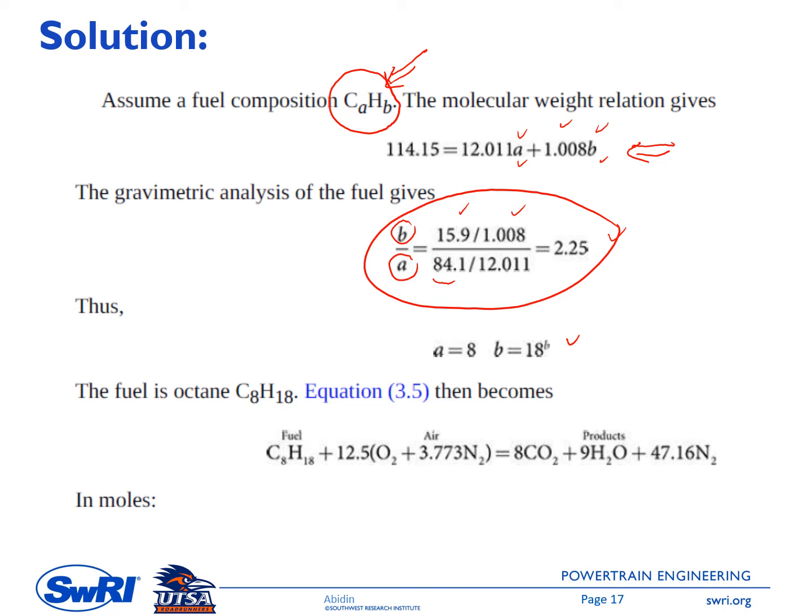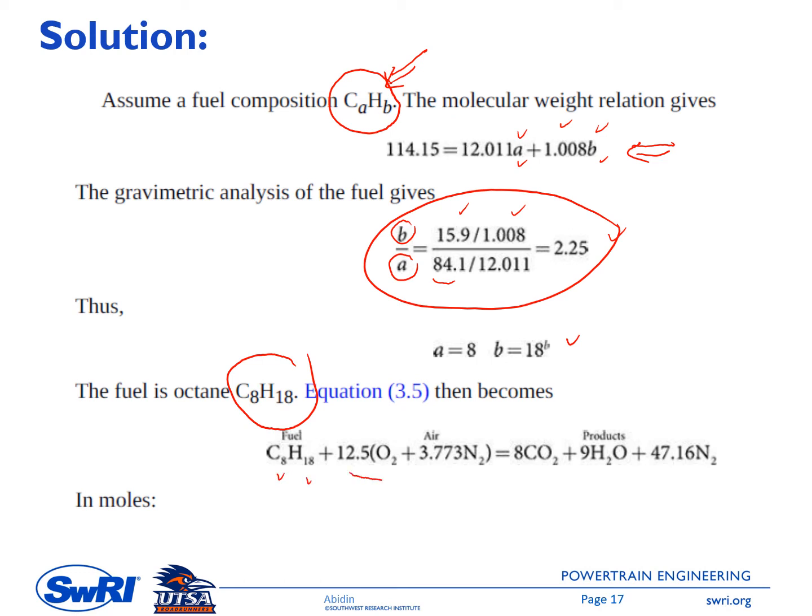So it means here the fuel is C8H18. It is isooctane, for example. And then by using equation 3.5, we have the general combustion equation for the fuel CaHb, with a equal to 8 and b equal to 18.